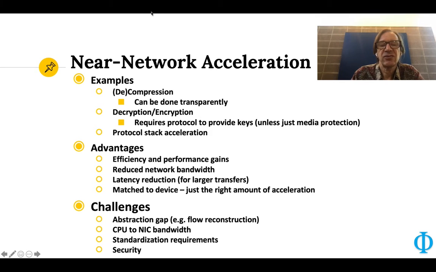The next challenge is standardization requirements, as I mentioned, in the case of security or compression that has to go across the network and be supported within the accelerator itself rather than the CPU. And finally, security can be an issue. The degree to which you trust a network adapter may be different than the degree to which you trust the CPU itself.